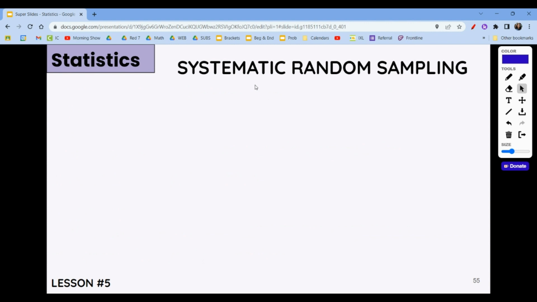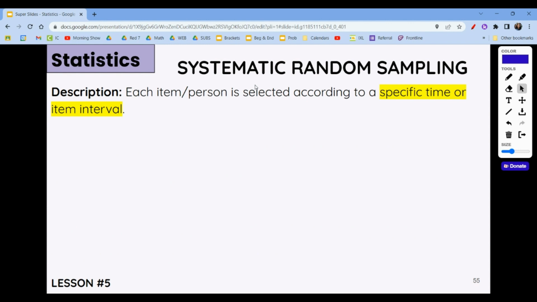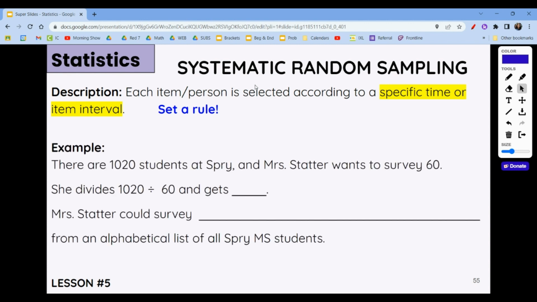Now let's talk about systematic random sampling. Each item or person is selected according to a specific time or item interval. So we have to set a rule for systematic random sampling. Here's an example.